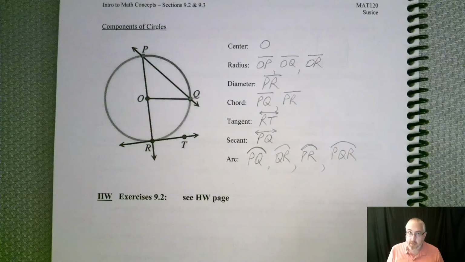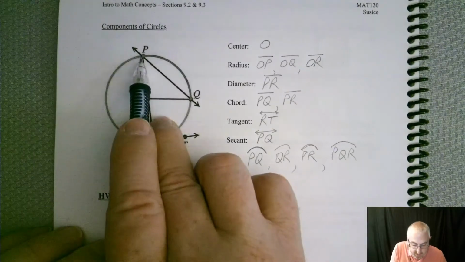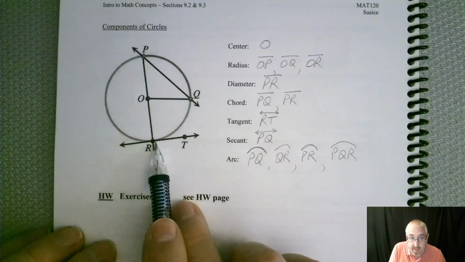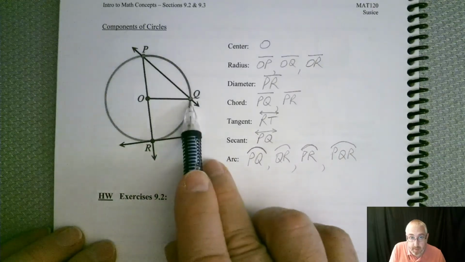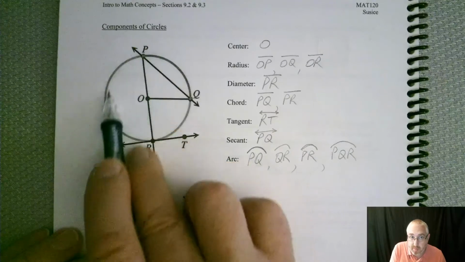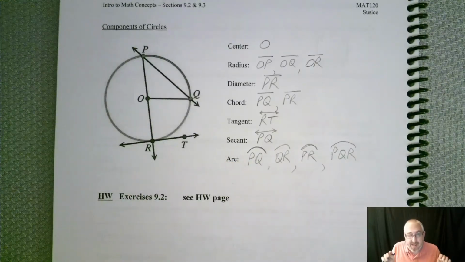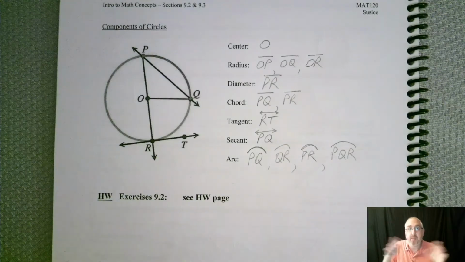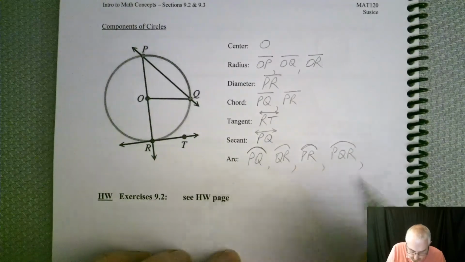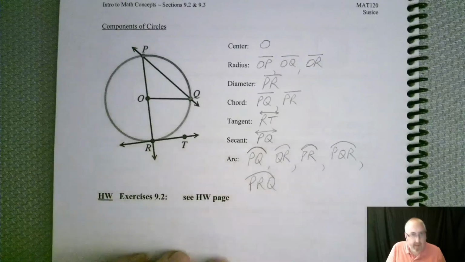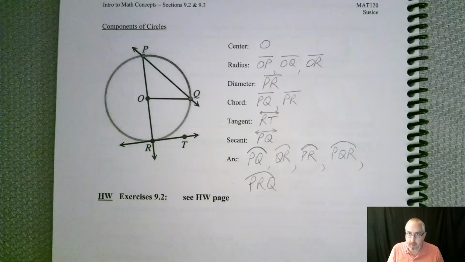Well, these ones are a little bit tricky because they're big. And if I started at P and started to go this way and didn't stop at R and kept going, that would be almost 3/4 of the whole circle. But that's another arc. And by technical terms, it's a major arc because it's bigger than half the circle. So we got P, R, Q. And again, you can reverse the letters and it's the same arc.